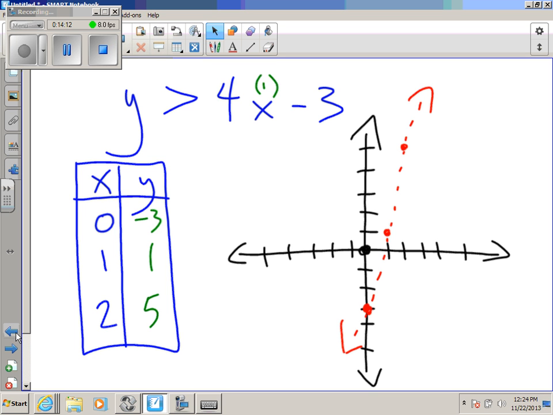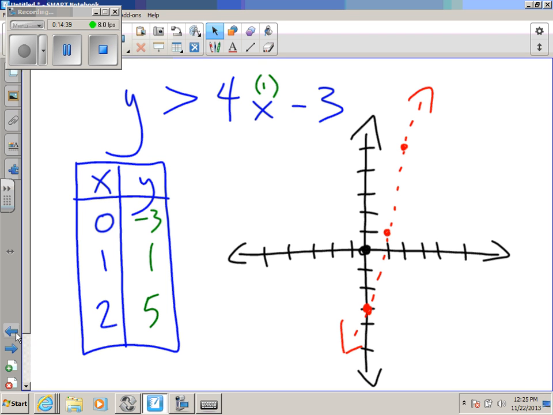Now, which side are we going to shade? Are we going to shade this part of our line or this side of our line? Which is going to show all the solutions? Here's a hint for you. What is one of the more universal points on the coordinate grid that's very visible and very obvious? Yeah, the origin, 0, 0.